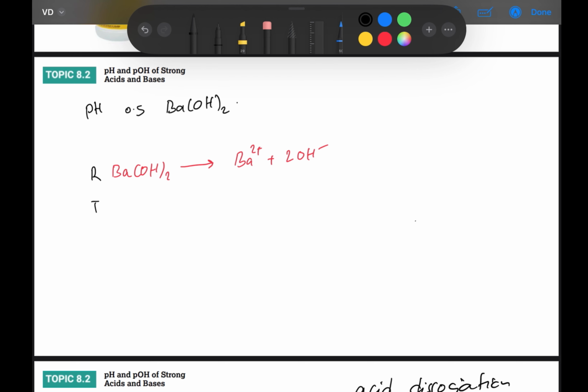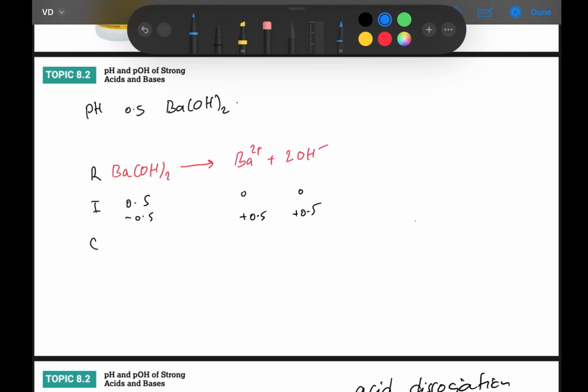The initial is 0.5, it's 0, 0. The change, we have to subtract 0.5, and add 0.5, we add 0.5. All right, so at equilibrium, it becomes 0. Here we have 0.5. And here we have 0.5, but we have to keep in mind that we have 2 hydroxides, which means that I have to add another step by multiplying this by 2, okay, as we can see.